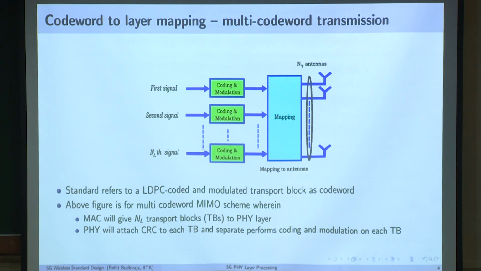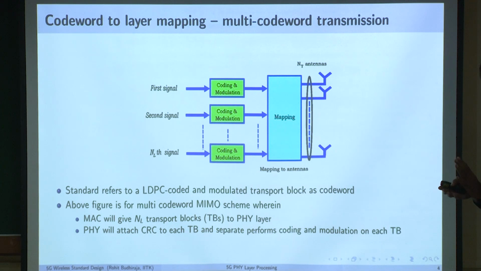Before coming up with the architecture in the standard, people argued about this also: why not implement MIMO like this? What are the advantages and limitations of this architecture? That's what we are going to discuss, so that it becomes clear why it is done in the present way. If you have this kind of architecture, you do this processing at the transmitter, and at the receiver you have to do the reverse processing.